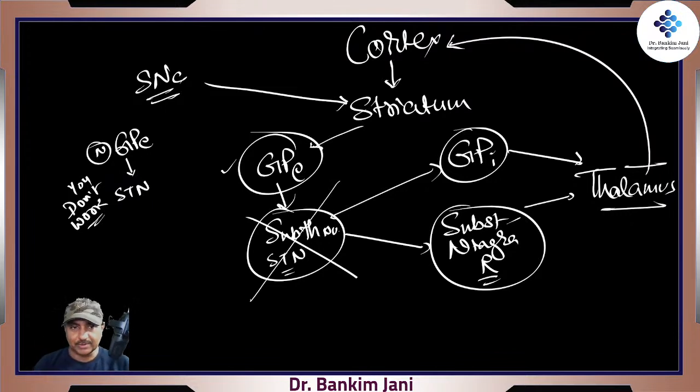Now what happens? The striatum inhibits GPE. So this is negative: you don't work. If GPE is not working, then there is no one at the subthalamic nucleus.